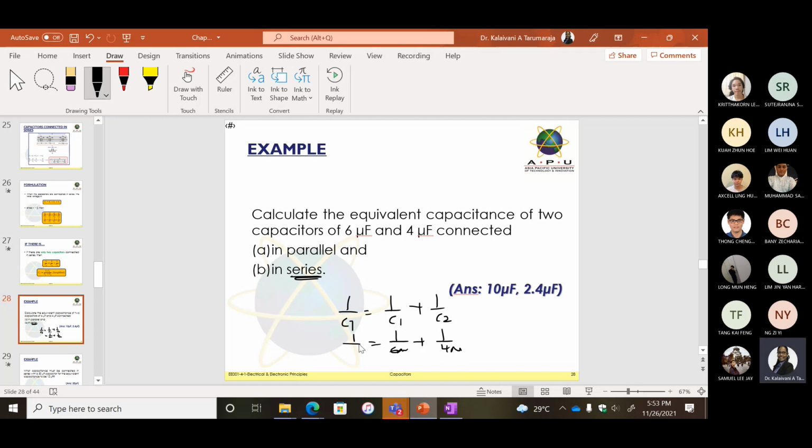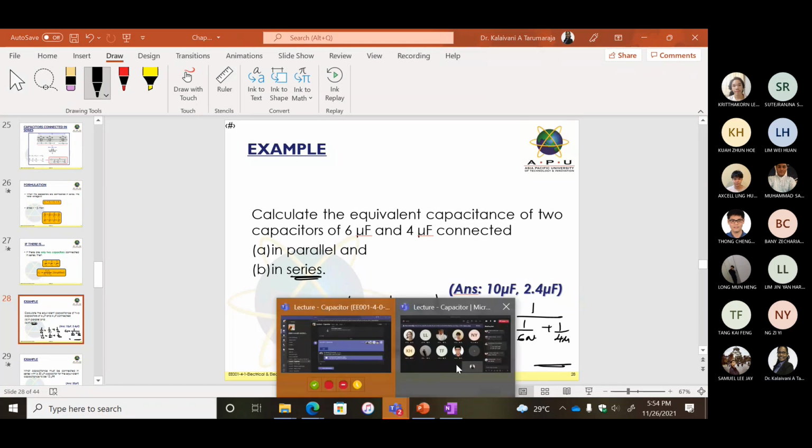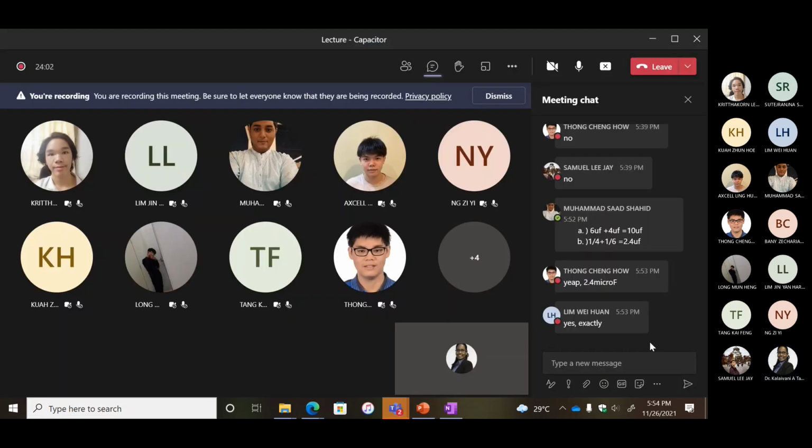Don't forget this is 1 over C total. Quite easy for you to calculate. You get the last answer. Can anyone else give me the answer? Is it the right answer, the one you have in your slide? How about the others? I only have one response.